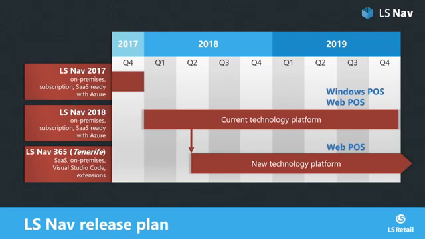And then on the Tenerife or the 365, they will only support WebPOS. And the reason is that that's a cloud solution, and we believe we need a WebPOS that is able to exist within the cloud solution going forward. So we have two solutions, both good ones.